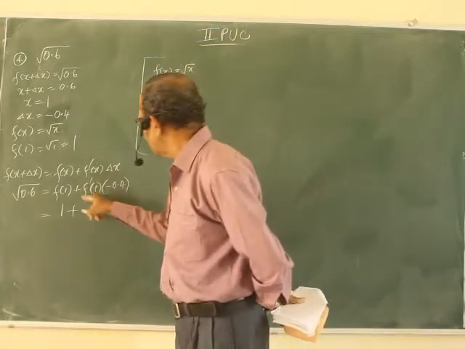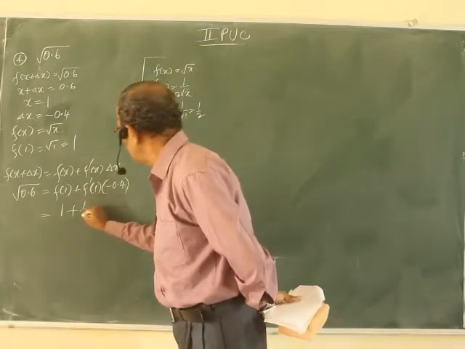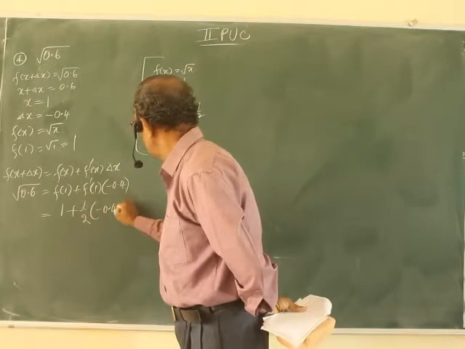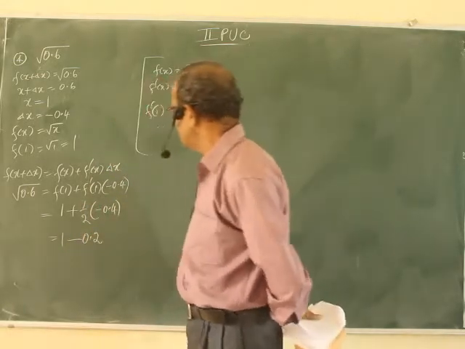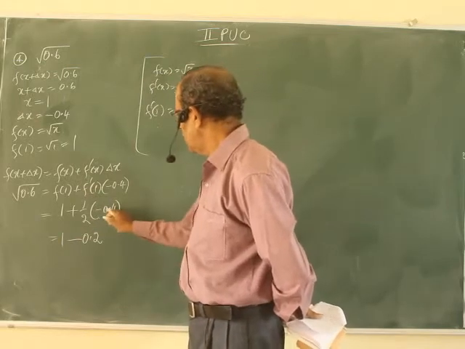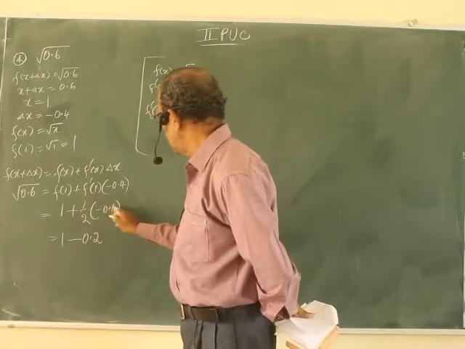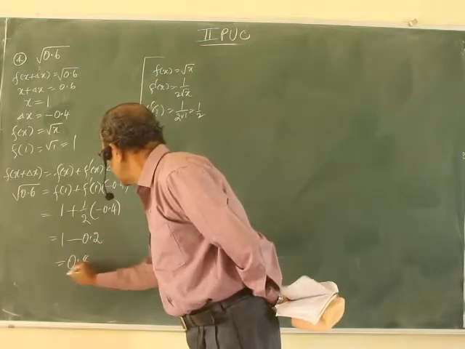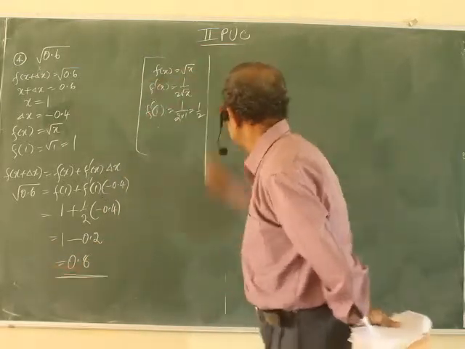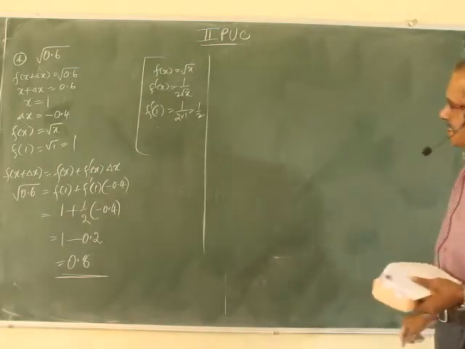Come back to this: 1 plus 1 by 2 into minus 0.4, that is 1 minus 0.2. Correct, no? Divide this, 0.8 is the value.